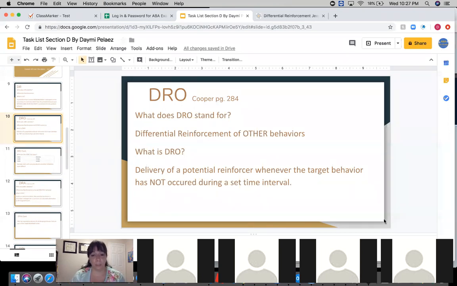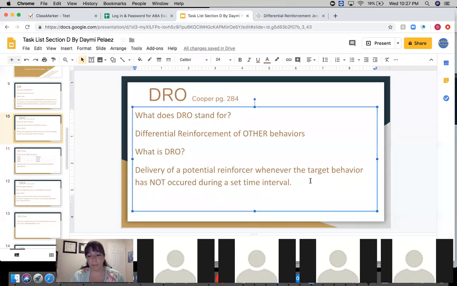Does anyone agree with that or want to clarify that? That's what the slide that you had before is referring to. Right, exactly. Right, so it's given either on an interval schedule or momentary. Yeah, but Cooper breaks it down. He starts off with what is differential reinforcement, and then he goes into the DRO, DRA, DRI.